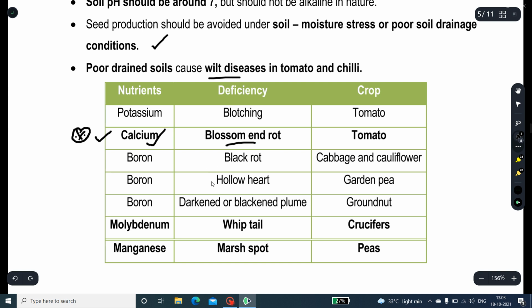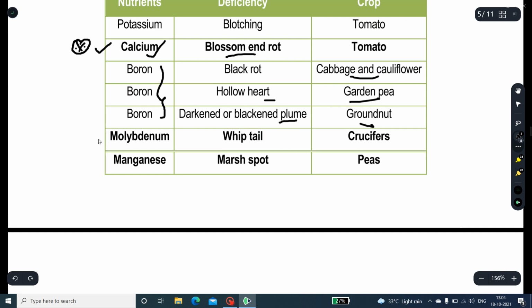And black rot, hollow heart, and blackened plumule are due to boron: black rot in the case of cabbage and cauliflower, hollow heart in garden pea, blackened plumule in groundnut. And the next important crop is crucifers. Molybdenum deficiency leads to whiptail in crucifers, and manganese deficiency leads to marshy spot in peas.